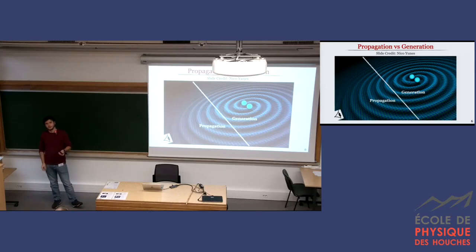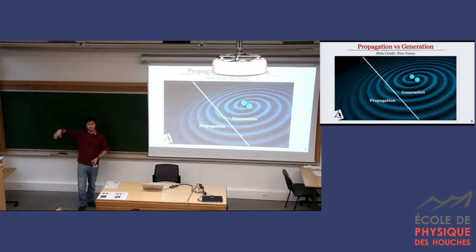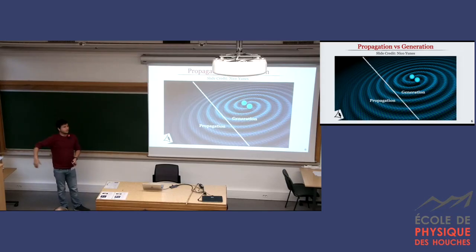So depending on the theory, you might have both effects appearing. In a lot of theories, for example, they only modify generation. In some theories, for example, I will talk about the example of massive gravity. That one is quite subtle, I would say, because in general, most tests that are being done with massive gravity only consider the fact that if you have a mass to the graviton, you change the propagation of your wave. So the different frequencies of your wave will travel at different speeds, and this will modify the wave.